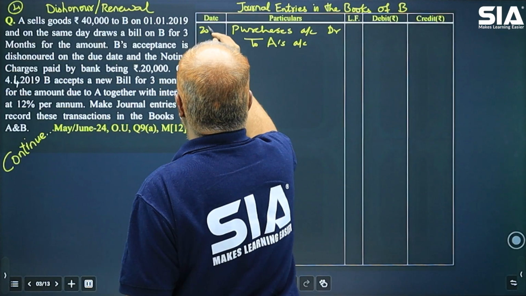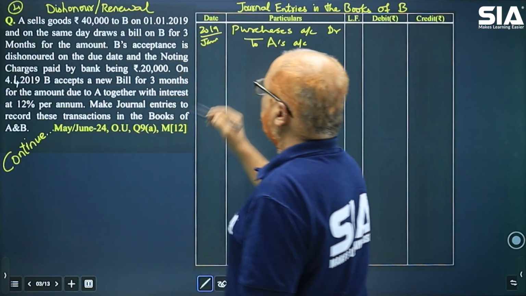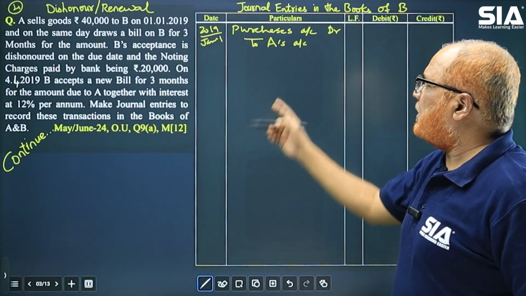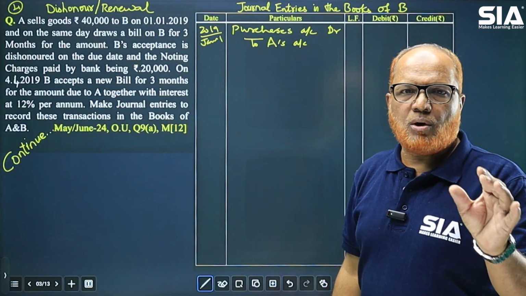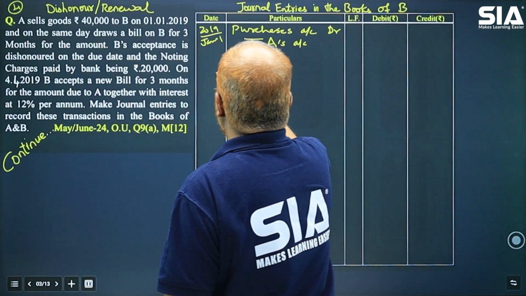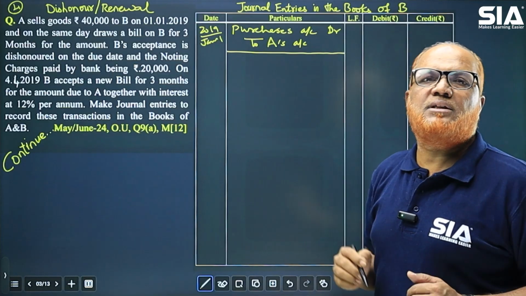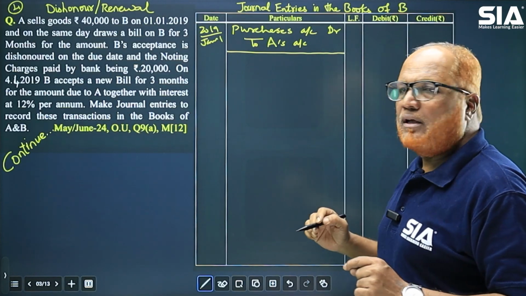So date is 2019 Jan 1st. Purchases account debtor to A's account, being the goods purchased on credit. That is the narration. Now, after purchasing the goods, B has accepted the bill, which is drawn by A.